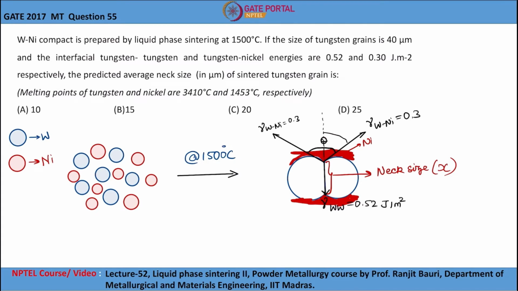This value will be theta by 2 and this value will also be theta by 2. This length is nothing but the radius of the sphere, and here the angle formed will be theta by 2. So in order to find the neck size, we need to first find the dihedral angle, that is theta, from the given values of tungsten nickel and tungsten interfacial energies.